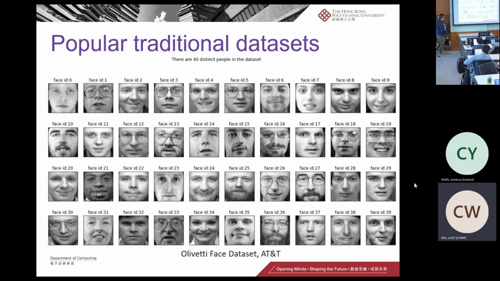And those are some other popular data sets, which were very popular when traditional machine learning was popular. Those are for facial recognition. You could see they have control when those images are captured, meaning they capture only the face part, and the orientation of the head has been normalized.